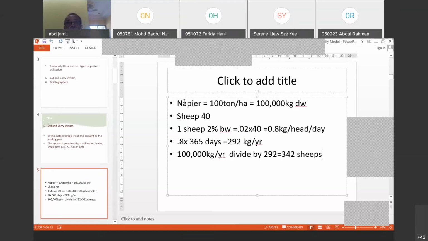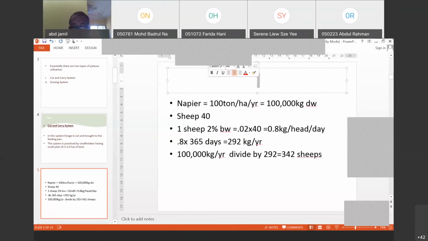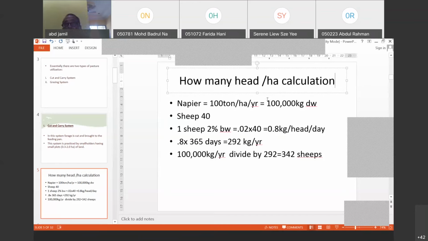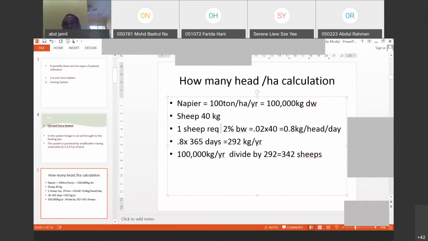So I repeat this. If you have Napier of 100 ton per hectare per year, you want to calculate how many sheep you can keep in your area, assuming the sheep body weight is 40 kilogram, and one sheep requires 2% body weight, it's about 0.8 kilogram per head per day, and 1 year requires about 292 kilogram.